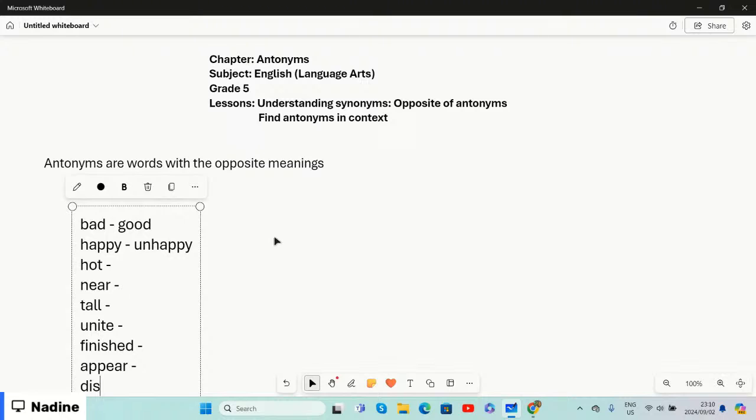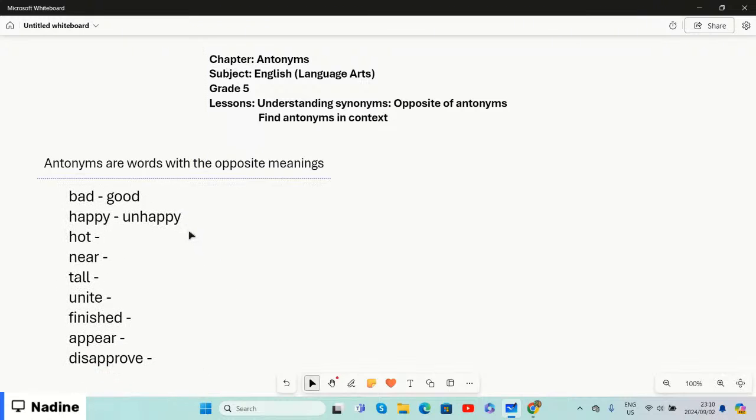Let's say disapprove. Okay, let's stop just there. So now if you look at these words, we need to say what the opposite in meaning of these words are.